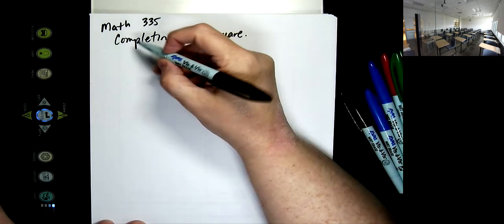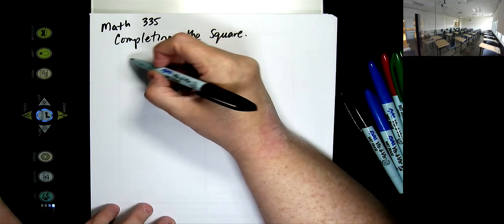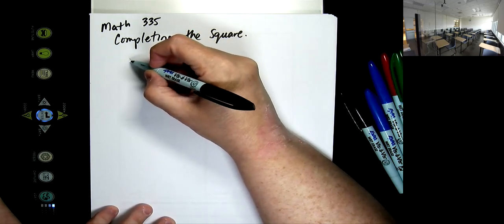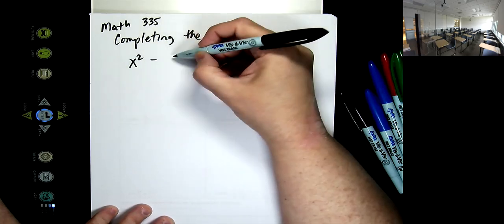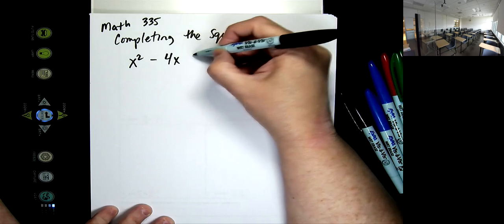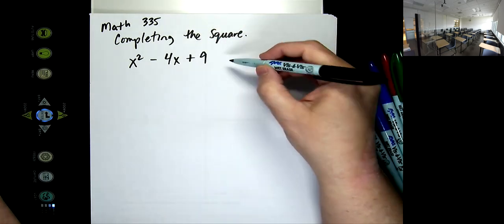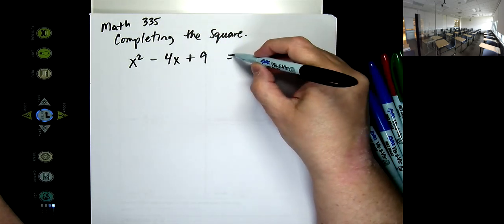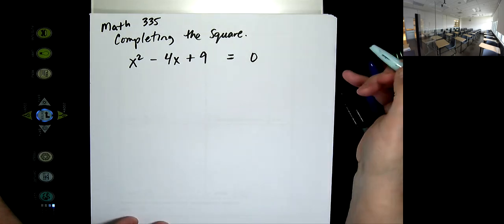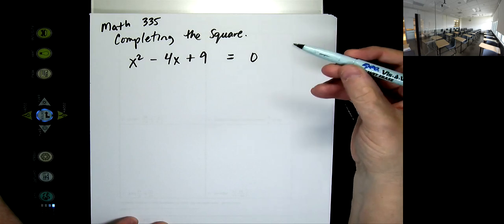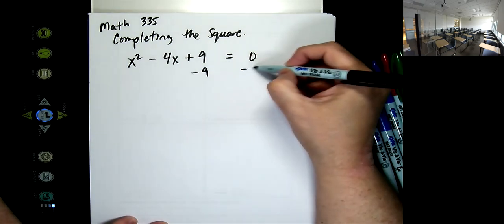So last time, and in previous times, let's say we had x squared minus 4x plus 9, and we wanted to complete the square. Previously we subtract 9 over.